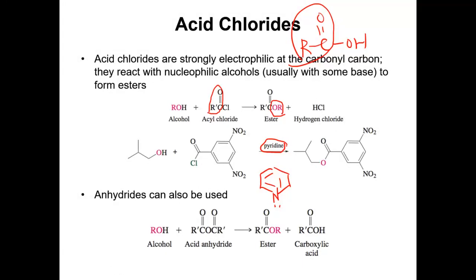You don't need to know by what principle pyridine can act as a catalyst at this point; we will discuss it in probably chapter 20. The essential thing you need to know is that the alcohol serves as the nucleophile. This alcohol attacking this carbonyl carbon eventually gives you the ester.